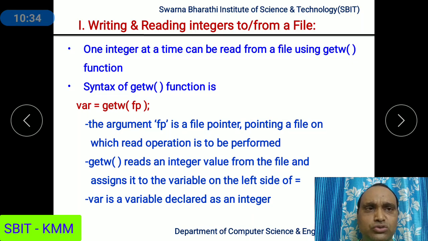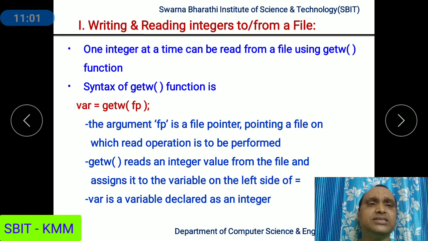The getw function is used to read integer values one at a time from the file. The putw function we used to write only one integer value at a time to the file, and the getw function we use to read only one integer value at a time.